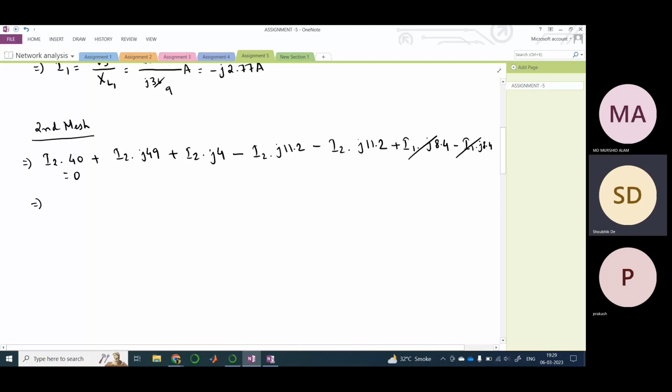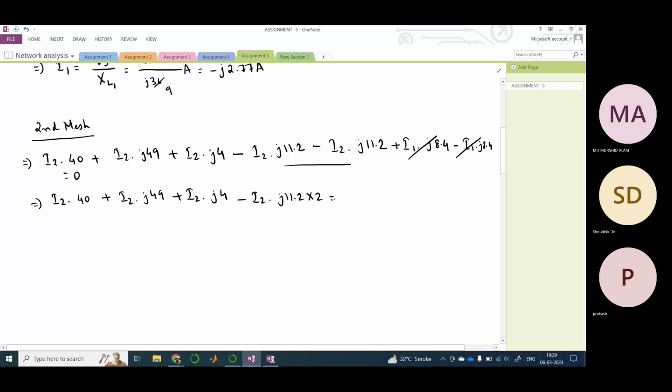So what are the terms that are left? This is I2 into 40 plus I2 into J49 plus I2 into J4 minus I2 into J11.2 into 2, right? There are two terms here, so I'm writing into 2 is equal to 0. Now here you can easily take I2 common.